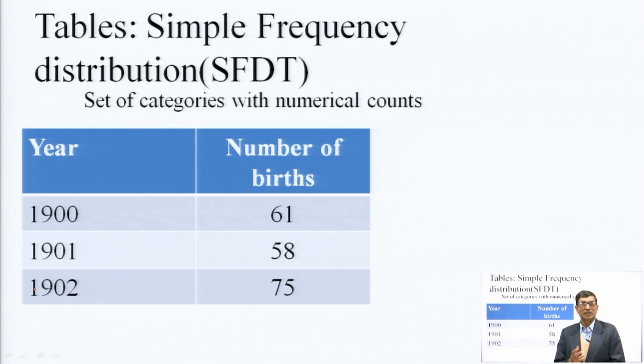It may be in thousands or lakhs, so you should explain whether it is in thousands or in lakhs. In 1901, 58 births; in 1902, the number of births is 75. So, this is the frequency and the year is the variable. This is a simple frequency distribution table.